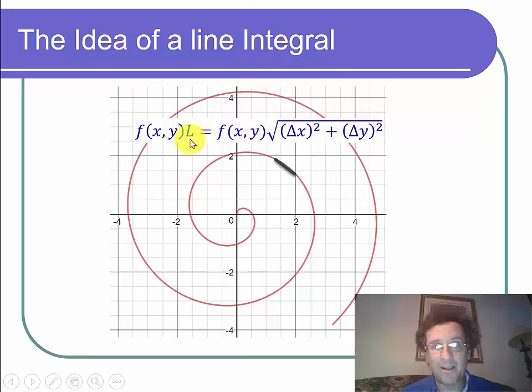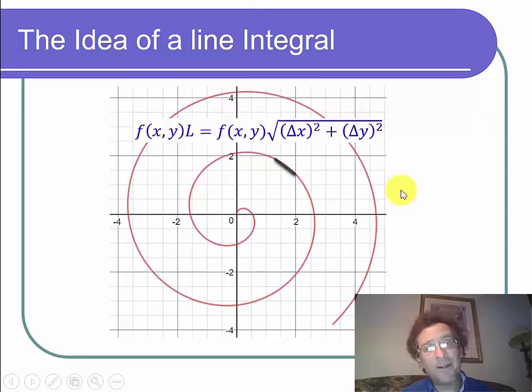The length is L. But then by the Pythagorean theorem, the length is the square root of the sum of squares of the changes in x and the changes in y. So what we can say is that the weight of this little piece is approximately equal to f of x, y times the square root of delta x squared plus delta y squared.